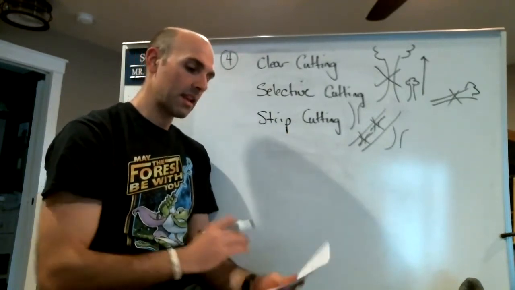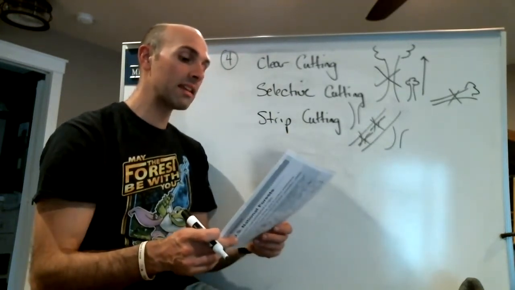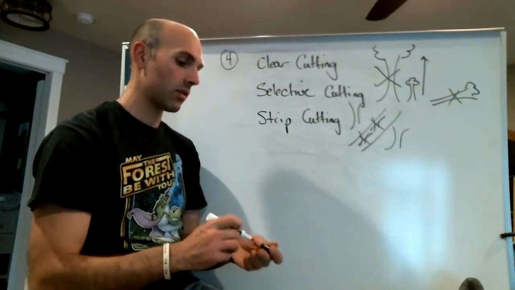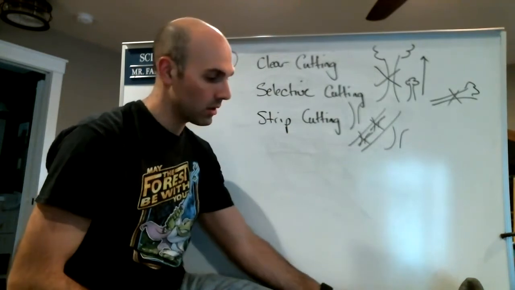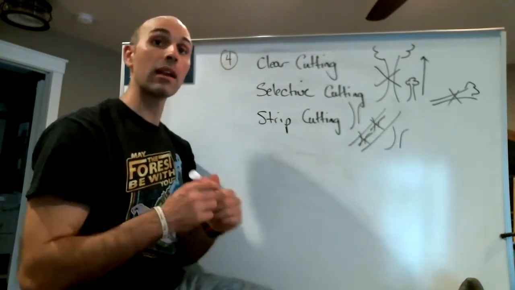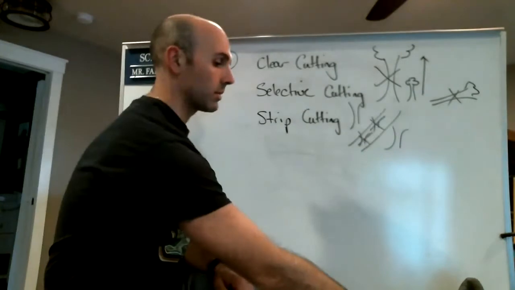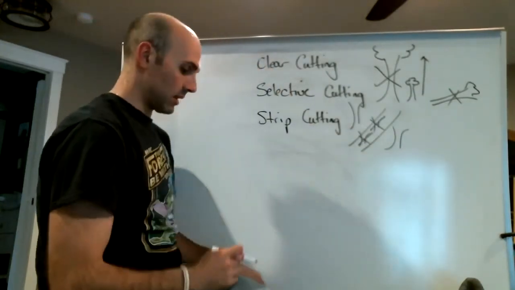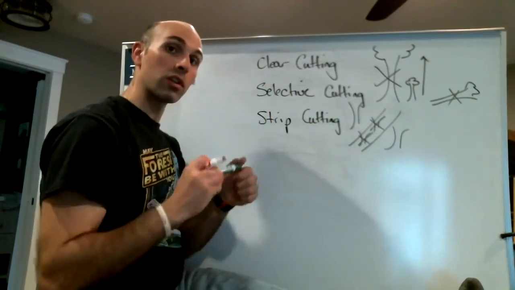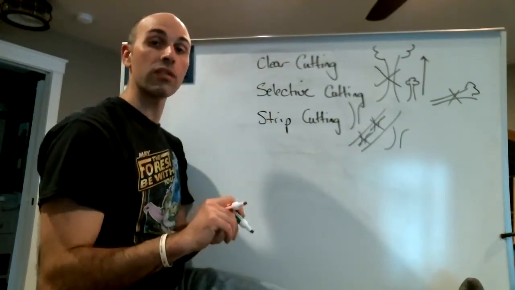All right. 5, which method is easiest for logging companies? So which one is the best for the logging companies, but worse for the environment? Let's kind of open this up a little bit. So let me get rid of this. So let's see. Green will be what's good for the companies and what's good for the environment.